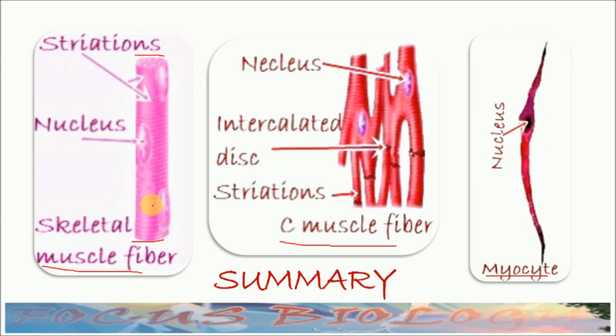There are striations in a skeletal muscle fiber and cardiac muscle fiber, whereas there are no striations in a smooth muscle fiber, in a smooth muscle cell. Again, cardiac muscle fiber and a smooth muscle fiber, they are involuntary in action, whereas skeletal is voluntary.